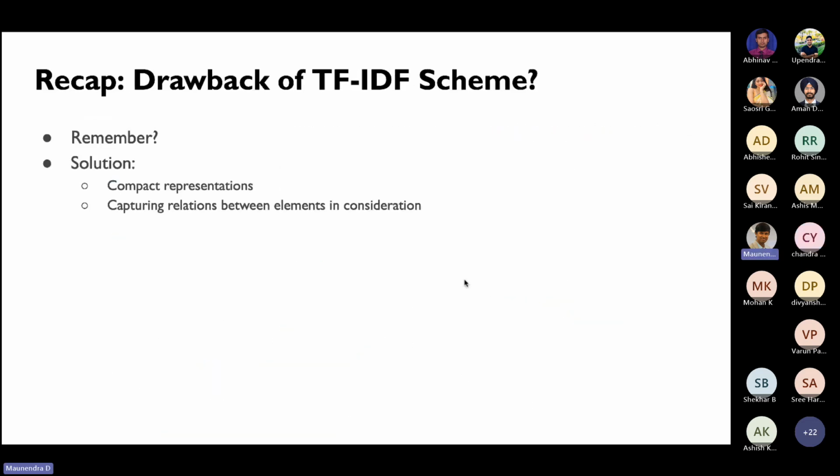Okay. So, of the list of problems that we had, two major things are that we need compact representations, and for all the different words, we need to find the relations among them, so that it leads to a better representation scheme.